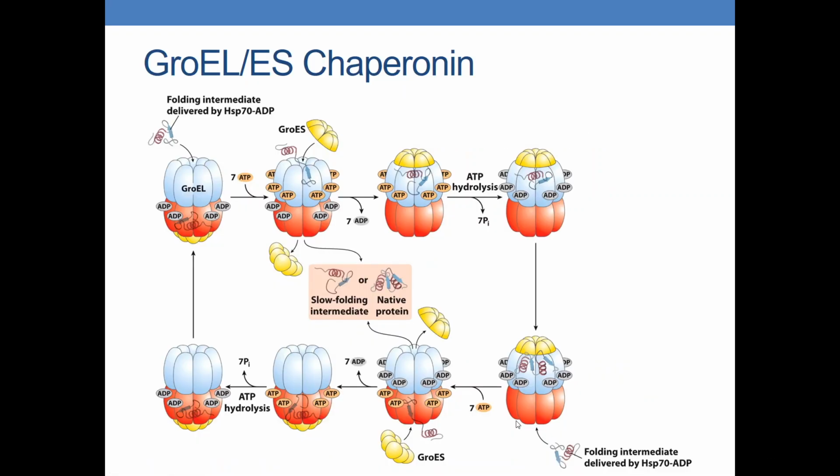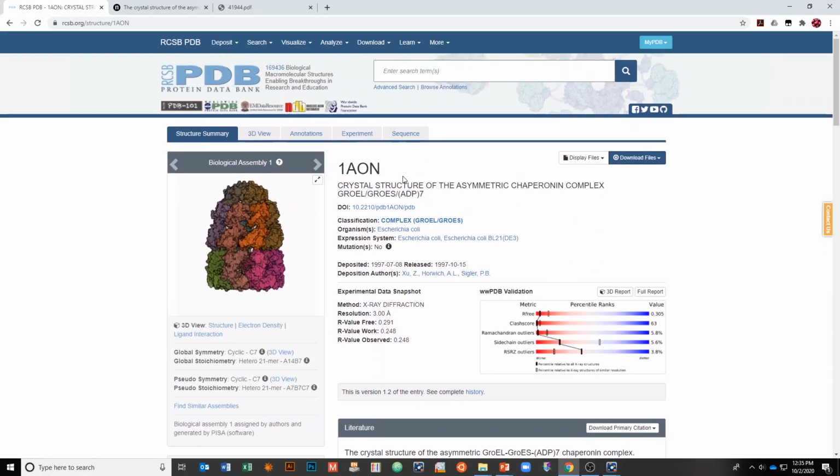So if you look at the actual cycle here, there are some structures that look like this, and some that look like this, for example. So people have tried to structurally characterize the different steps in that pathway. And this is just one example. You can search by PDB accession code 1AON, and that'll give you the ADP-bound GroEL structure.